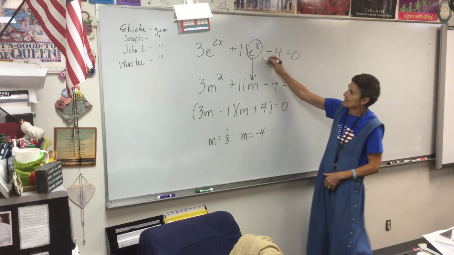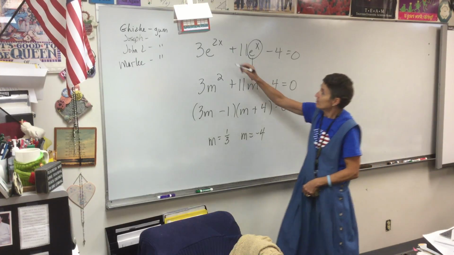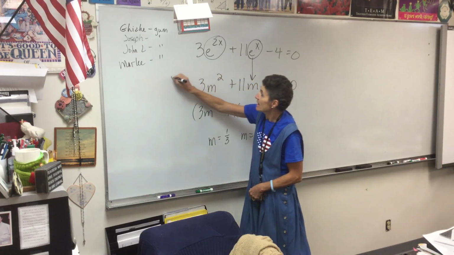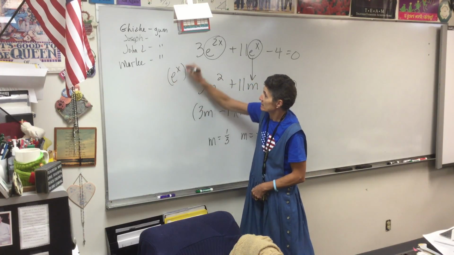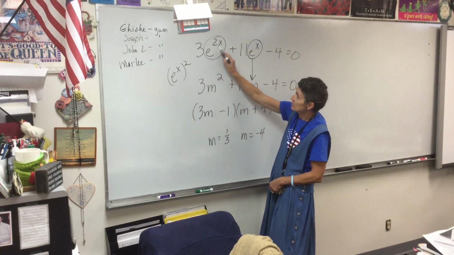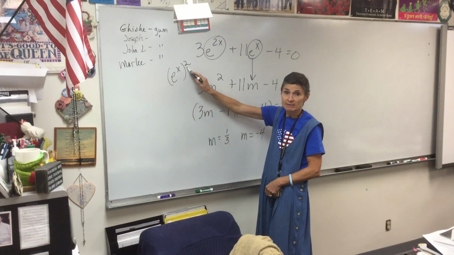I'm going to think of that, instead of e to the x, as m. Because this guy is the same as e to the x squared. Look at that. Isn't e to the 2x the same as e to the x squared?